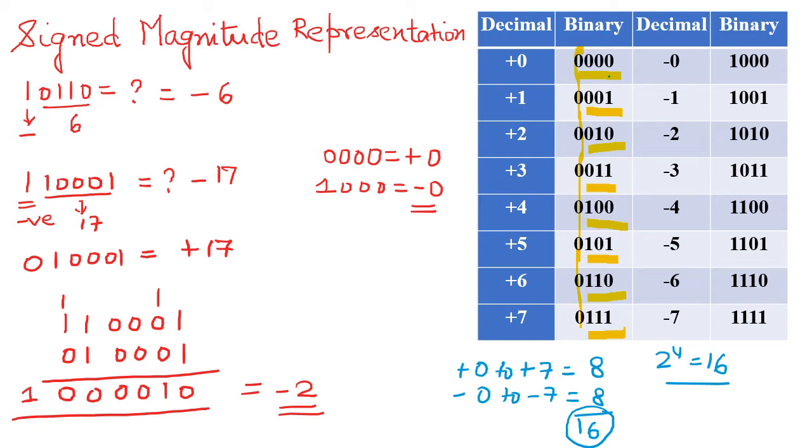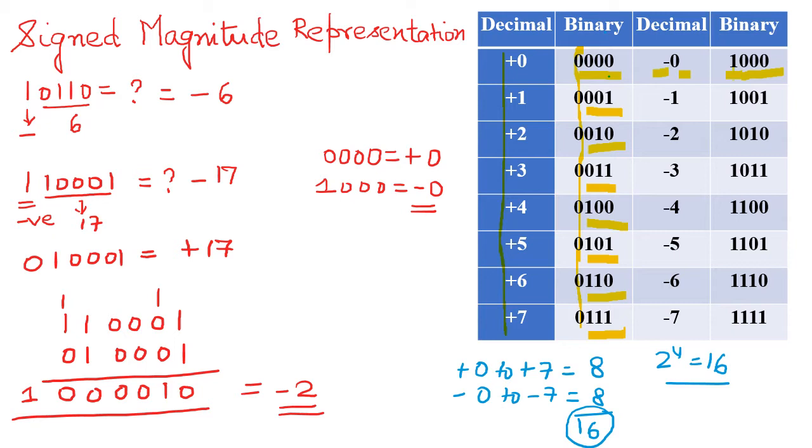The first bit is 0, which represents the decimal numbers plus 0, plus 1, plus 2, and so on up to plus 7. Similarly here, 0 is represented by 3 zeros and the negative value has 1.